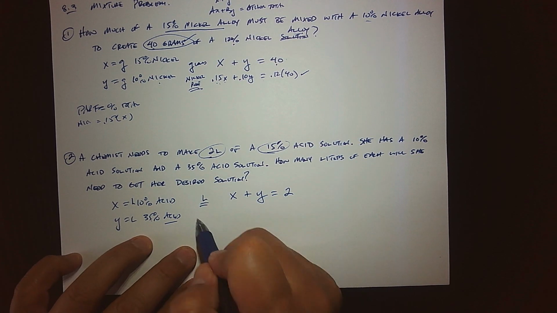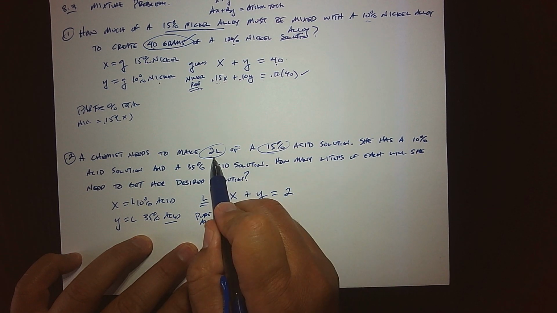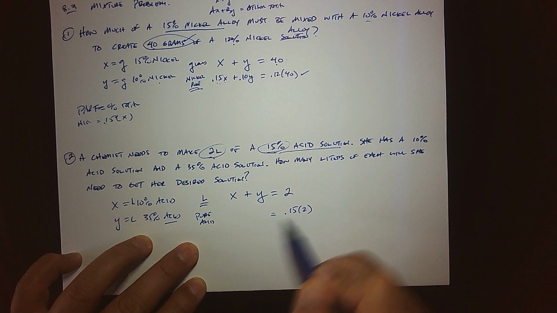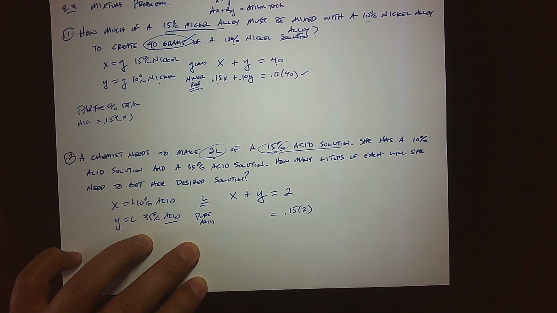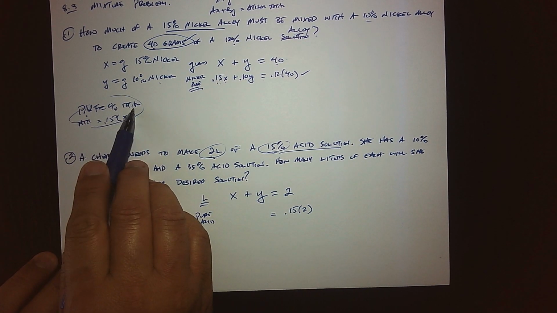What's the strength equation? Well, this would be the pure acid. So the final mixture, 2 liters, 15% is acid, so that's 0.15 times 2. Again, we're using this idea that some part is a percent of a total.